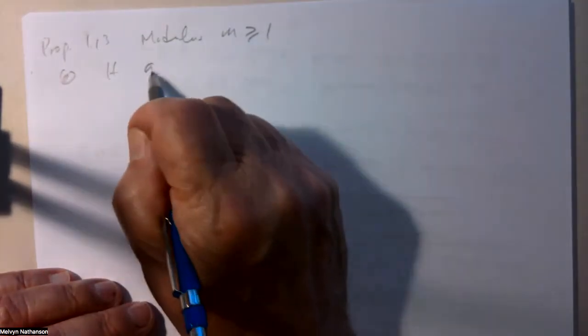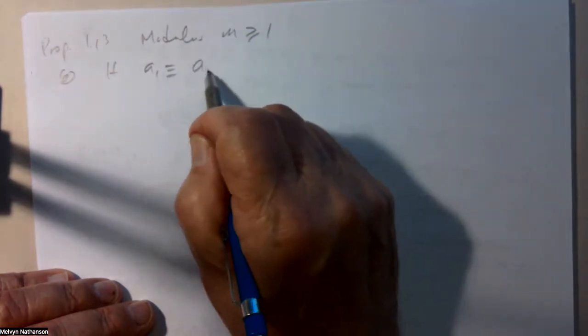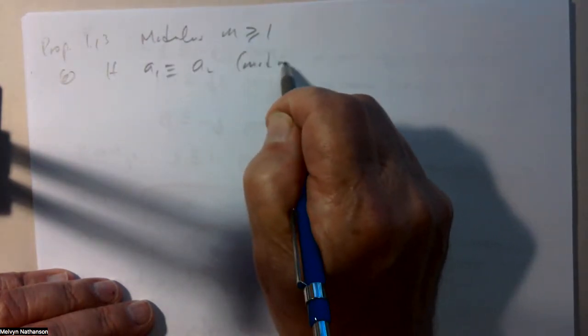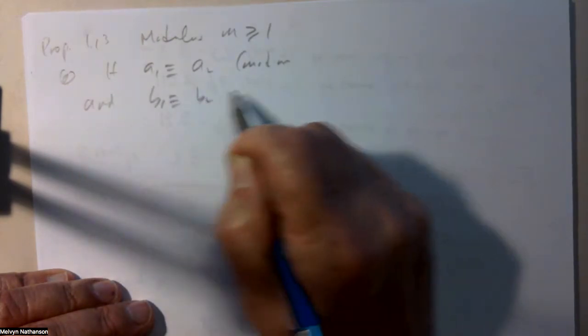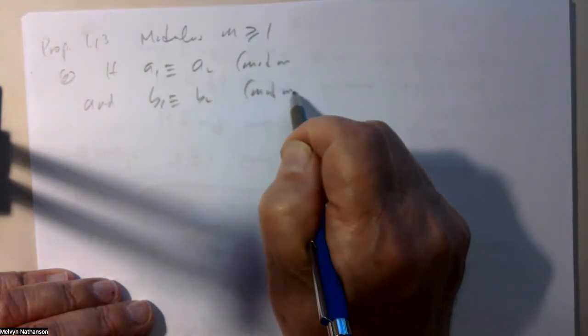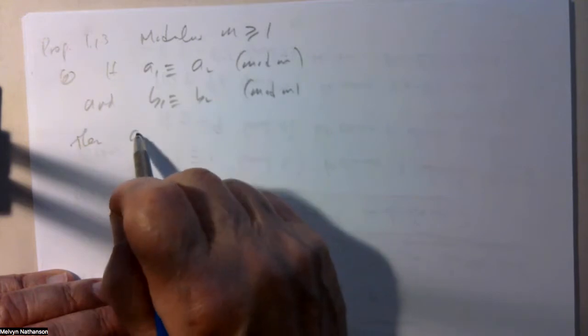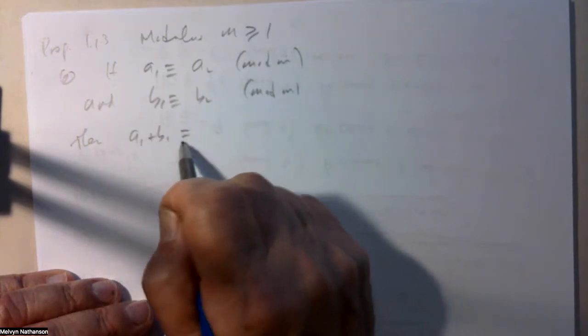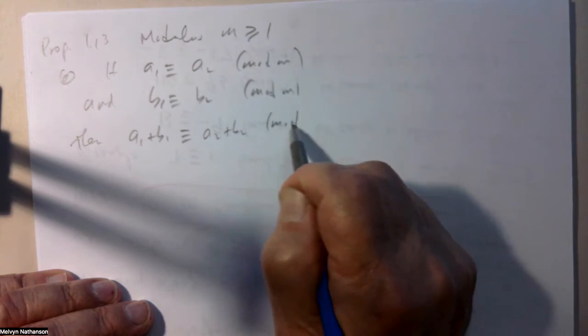So if a1 is congruent to a2 mod m, and b1 is congruent to b2 mod m. It's important this is the same modulus for both of these congruences. Then a1 plus b1 is congruent to a2 plus b2 mod m.